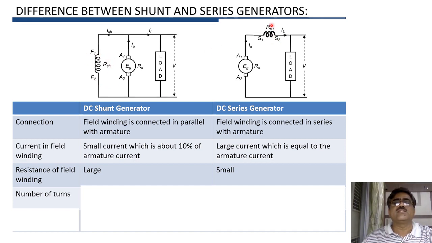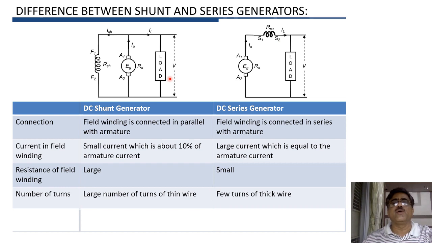And here as the current is large, few turns are sufficient, because ampere turns is the product of number of turns and current, and therefore in case of DC shunt generator, as the field current is small, there are large number of turns of thin copper wire, and here as the field current is large, we need few turns of thick copper wire in case of DC series generator.